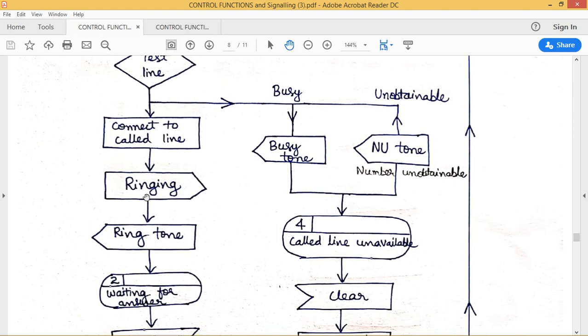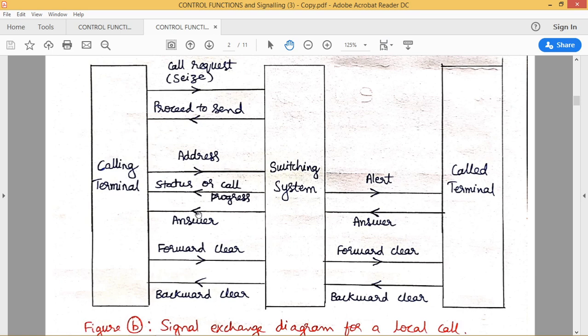So again, a ringtone needs to be sent, that is status signal or ringtone must be sent to the calling person, saying that a ringing tone is observed, or this person is connected. So as we can see here, status or call progress signal is sent.